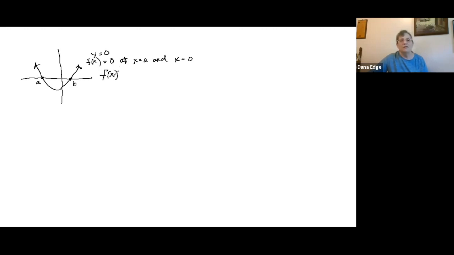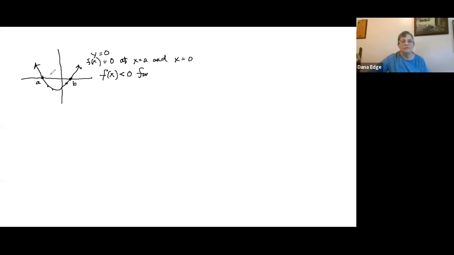F of x, the y values, are less than 0 for your x values between A and B, because for all of these points down here, for this point right here, for instance, this point has a negative y value. This point has a negative y value. This point has a negative y value.